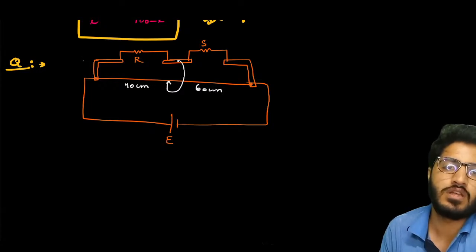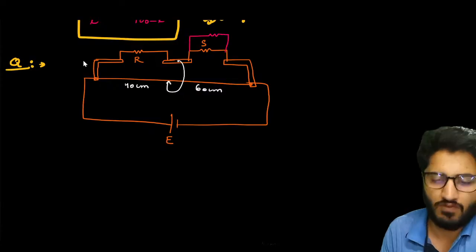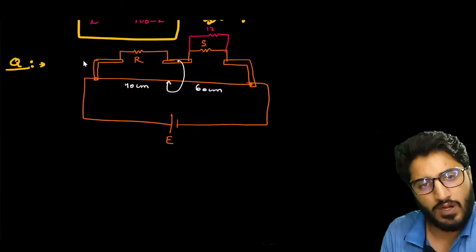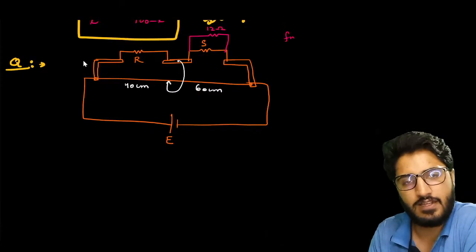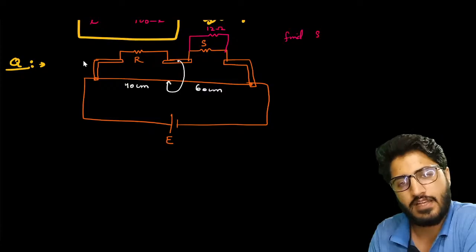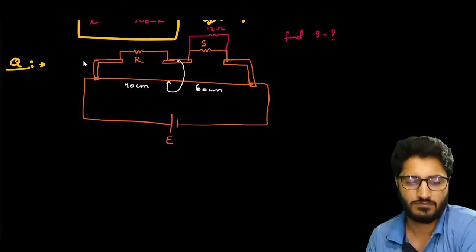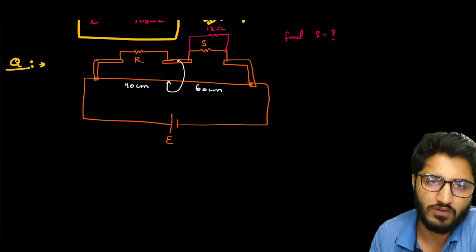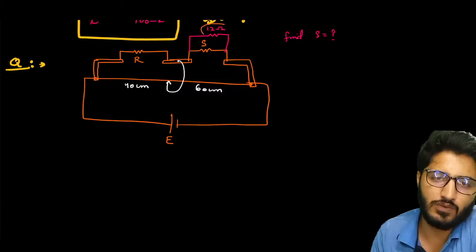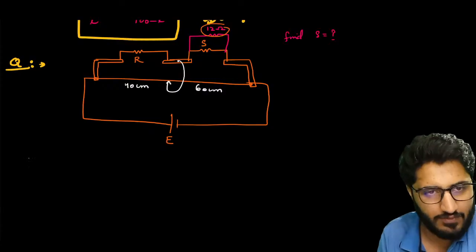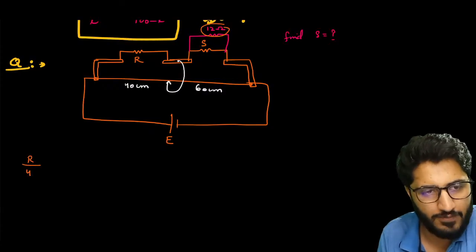Now, if we place one more resistance here with value 12 ohm, find the S value. How can we do it? In the first case, this one won't be there. So we write R by 40 equals S by 60.